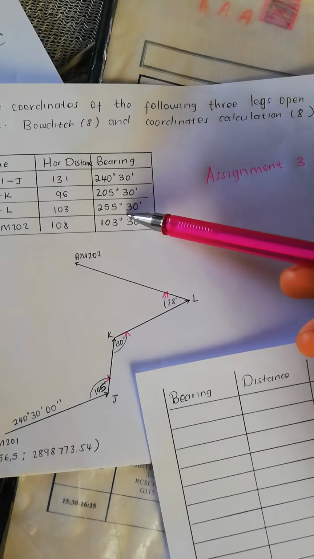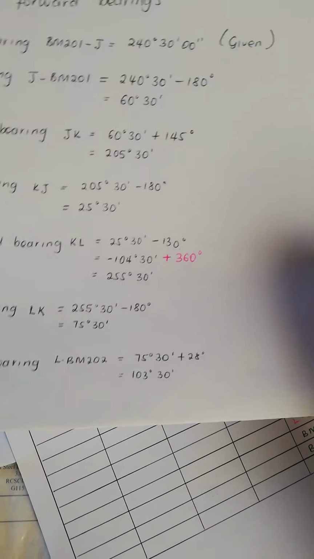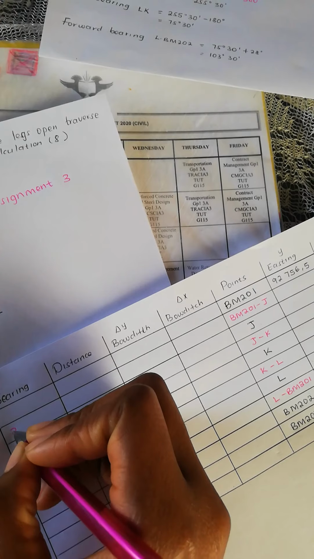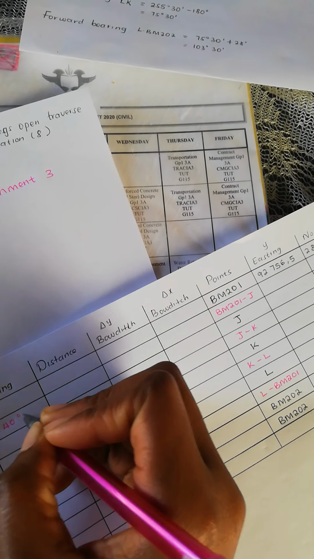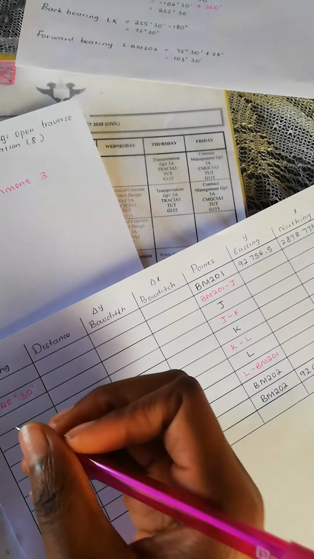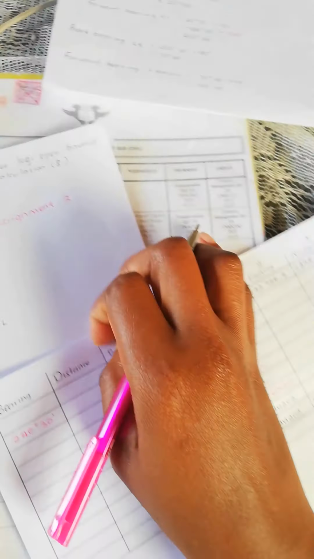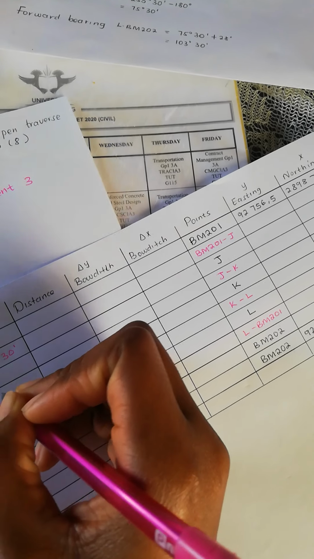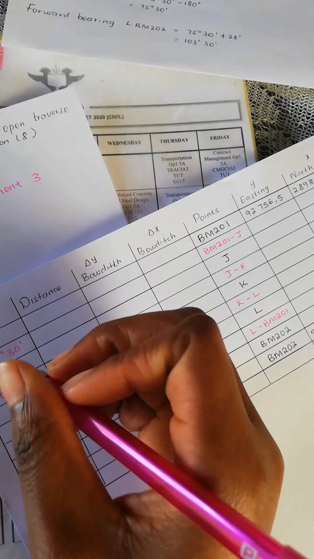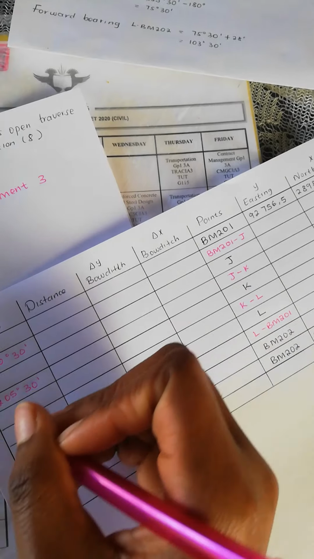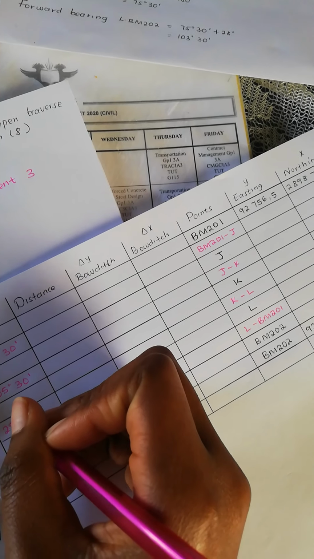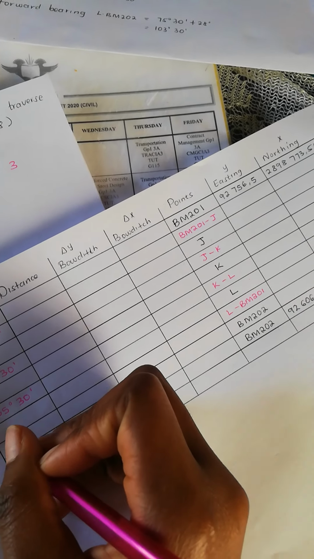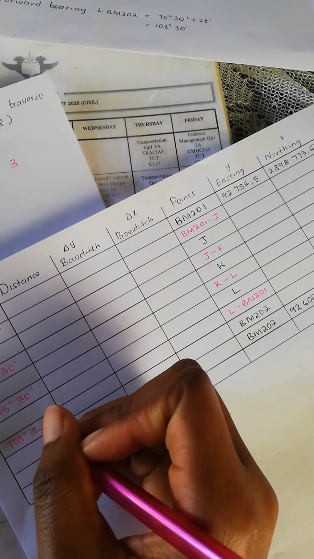By the way, these bearings I got from my calculations here. The first bearing is 240 degrees, 30 minutes, which was given. Then the second one we calculated is 205. Remember to skip a line, don't write it here. Then 255, then 103, 30 minutes.